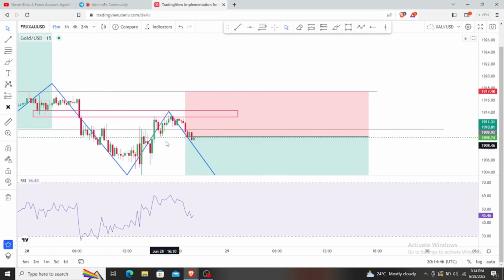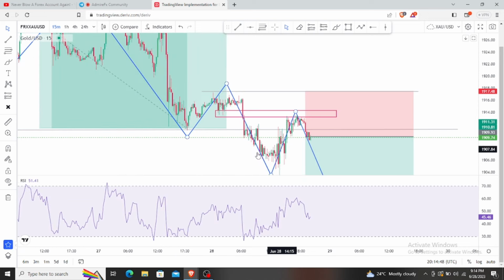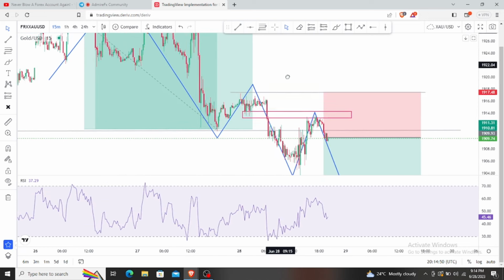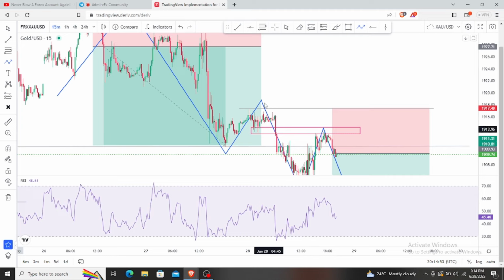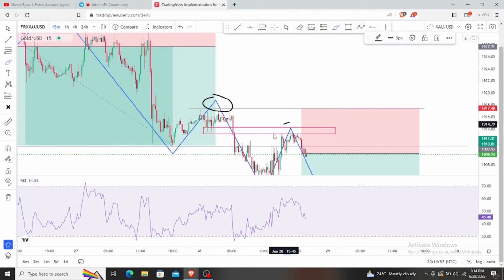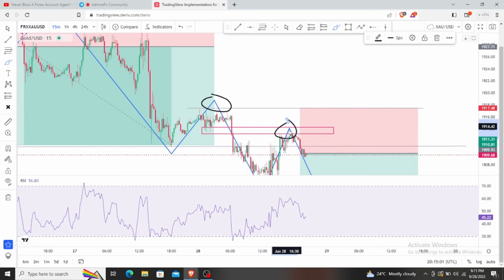Look for market structural areas in which price has created highs and lows. Okay, like here, the drawing is still here. This is a high that was created. Now a new higher low. This is a lower low. This is a higher low being created.